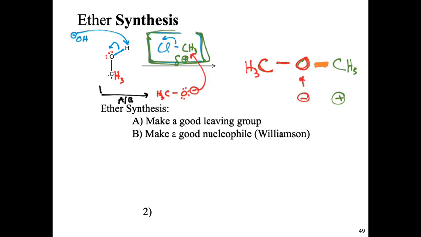If OH is in solution, what can it act as? A nucleophile. Is there anything electrophilic floating around, like a partially positive carbon? Yep. Which means if I add the OH minus, it could do a substitution instead of my alcohol. Is that going to get me the same ether product?